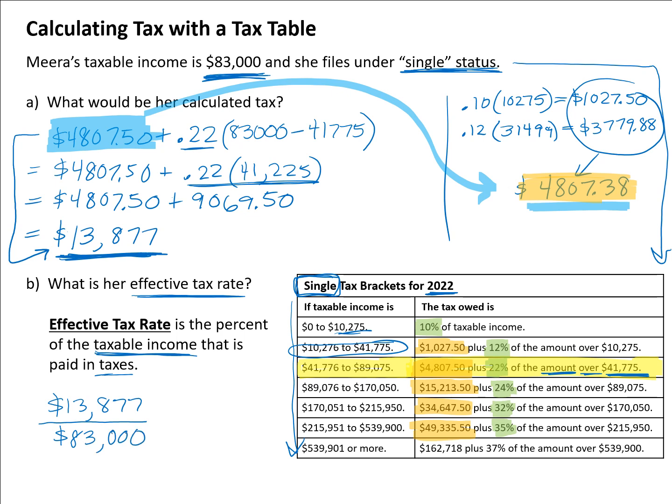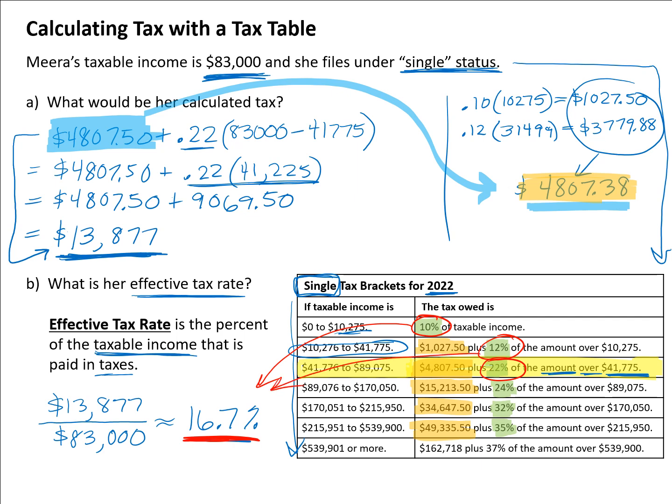So if we divide these two to get the percent, and then of course multiply by 100, we get a percent of 16.7%. This is her effective tax rate, and what that relates to is that it is kind of another way to think about it. It's her average percent she's paying. It's a weighted average. She's paying 10% on part of her income, 12% on another part of her income, and 22% on the rest of her income.